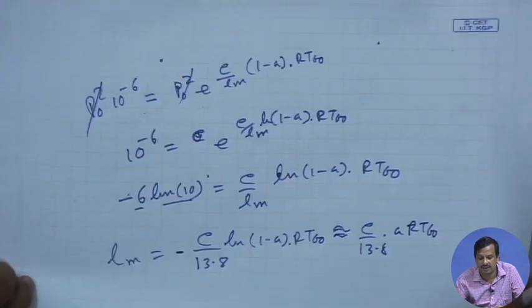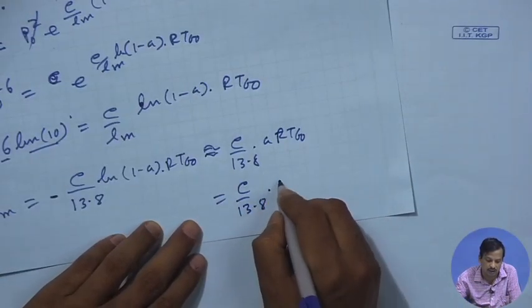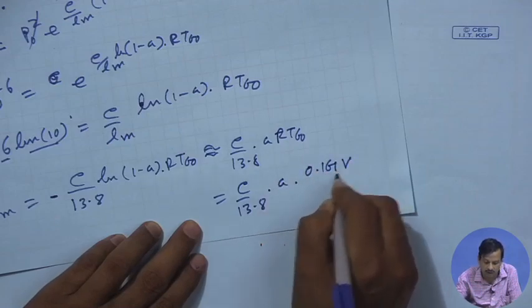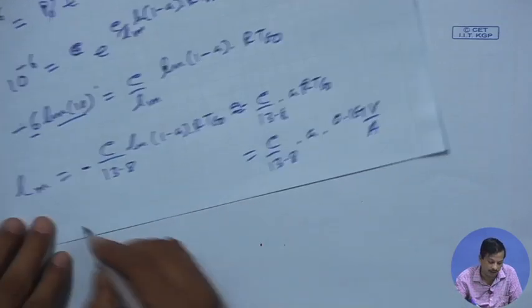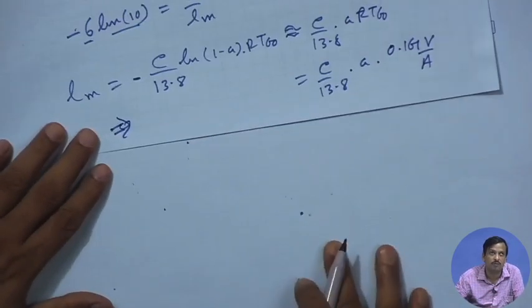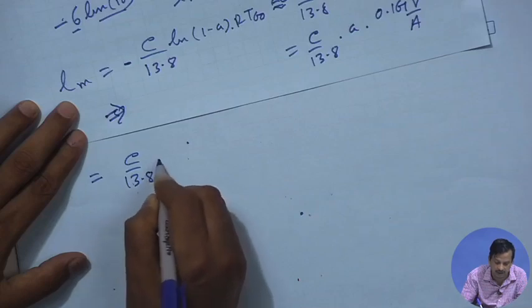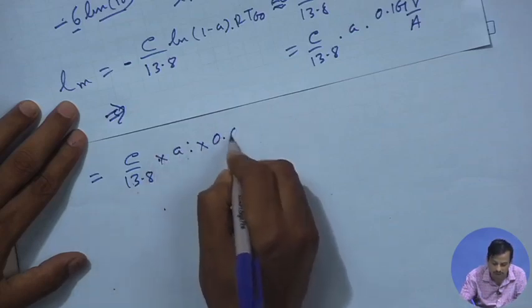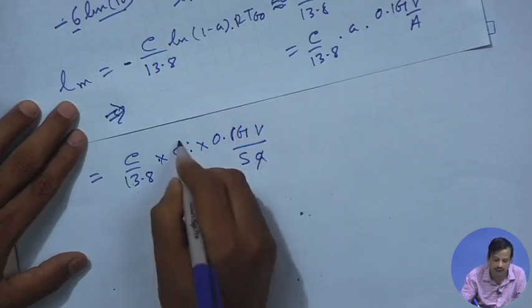Okay. What is RT60? I can say c by 13.8 into a into 0.161 V by A. So, what is A? Again I can write this as c by 13.8 into a into 0.161 V by S into a. So, a and a cancel.